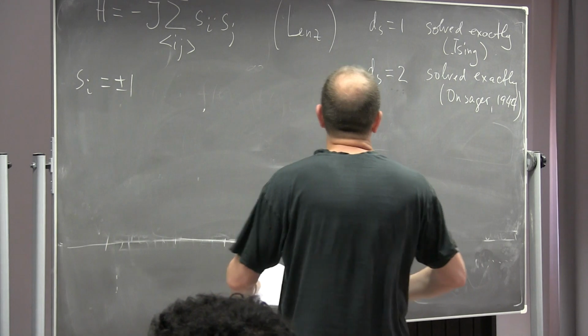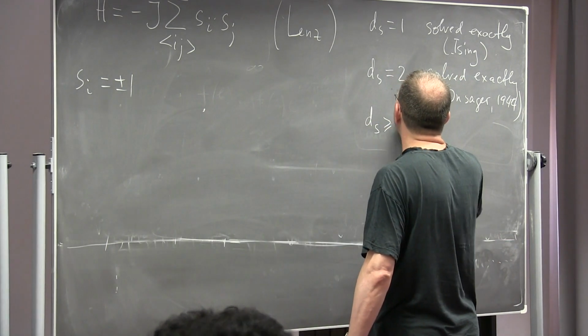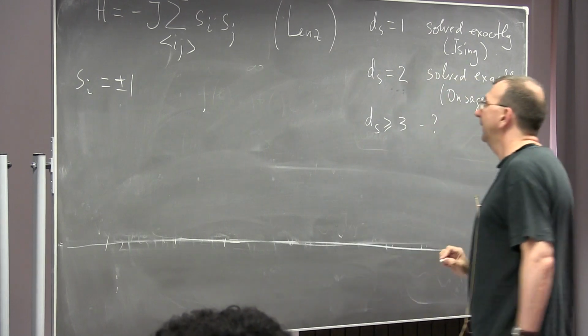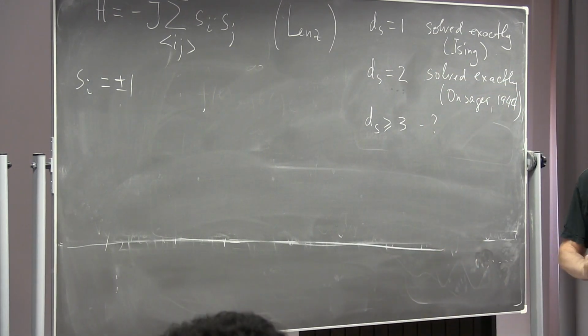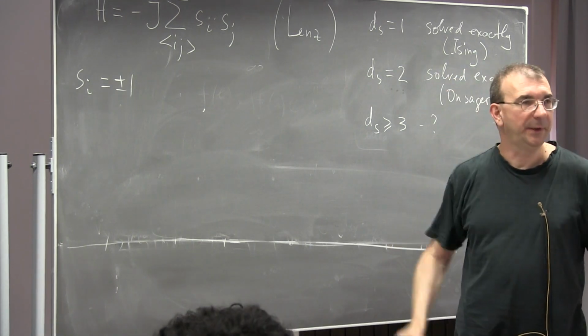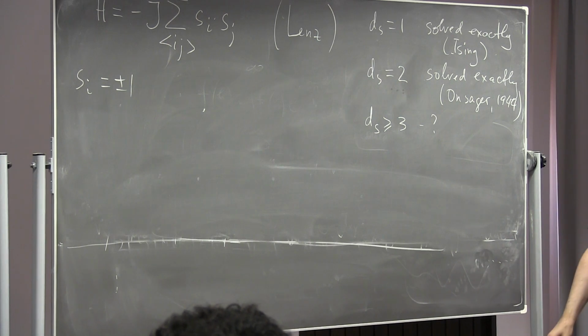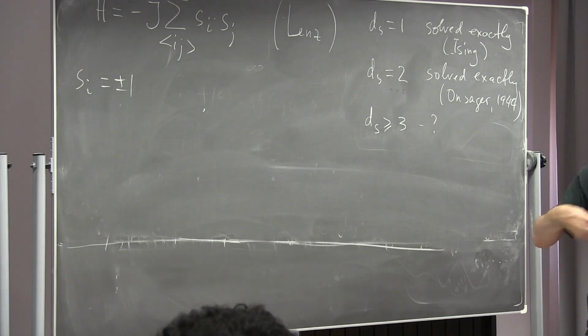By the way, the exact solution for d greater or equal to 3 is unknown, although in recent years there has been a rather dramatic surge of interest in these models in 3 and higher dimensions. And this is related to the conformal bootstrap and all these techniques.